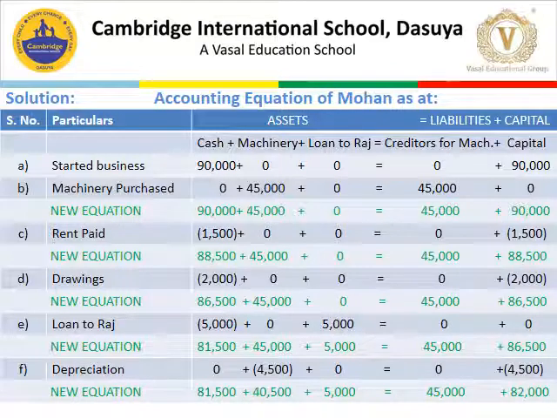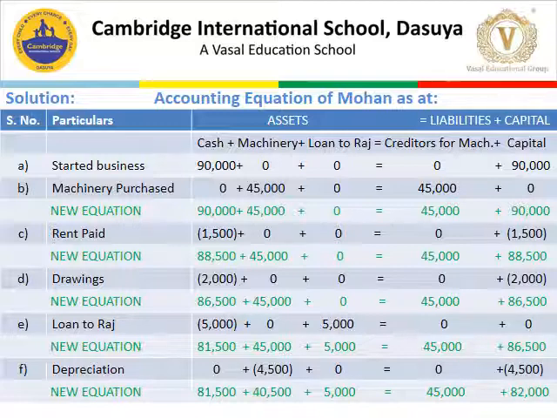Next is drawing. Any amount withdrawn by the proprietor for personal use is called drawings. So say drawings 2,000 rupees will be deducted from cash because it is an outflow of cash. The same 2,000 rupees will also be deducted from capital.